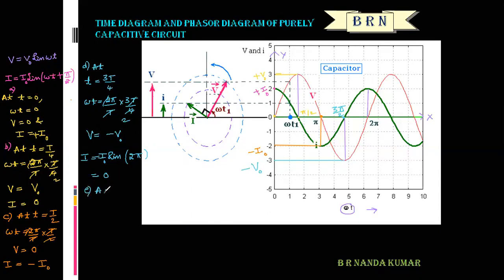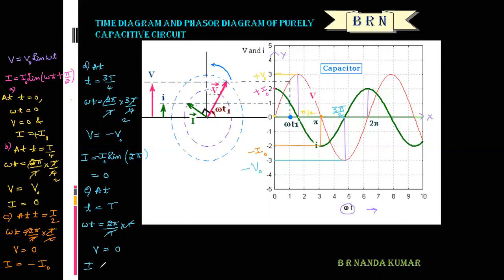at time t equal to T, omega is 2π/T, so the T cancels. So voltage V is equal to V naught sine 2π, which is 0.